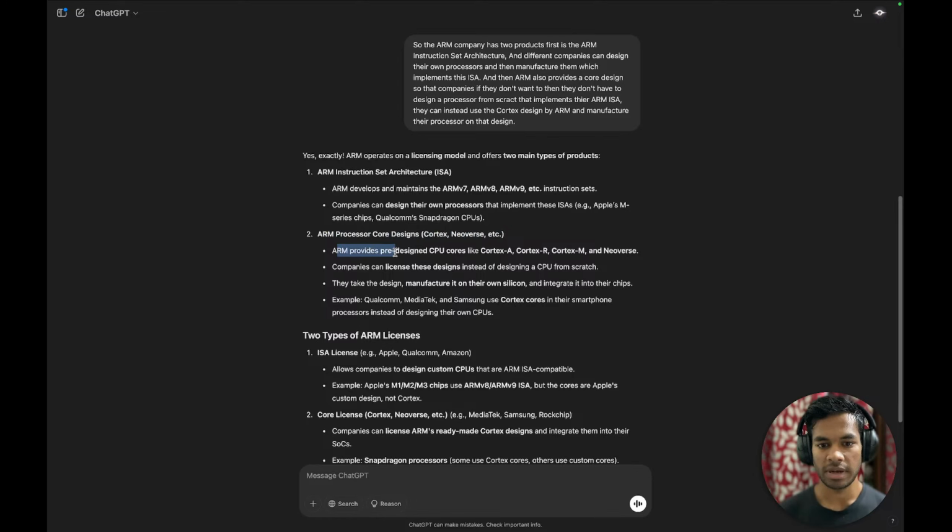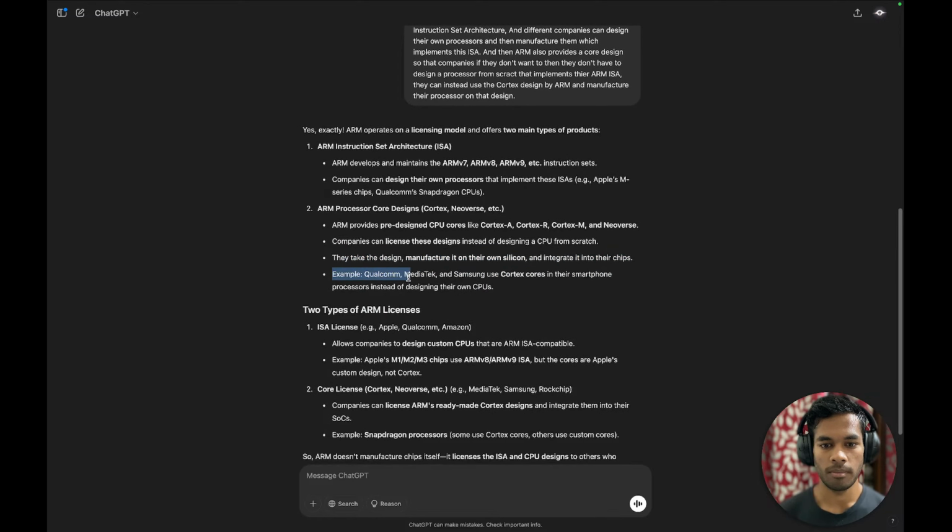ARM provides pre-designed CPU cores like Cortex and Neoverse. Companies can license these designs instead of designing a CPU from scratch. They take the design, manufacture it on their own silicon, and integrate it into their chips.